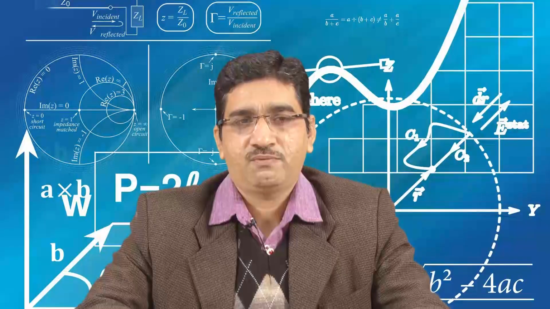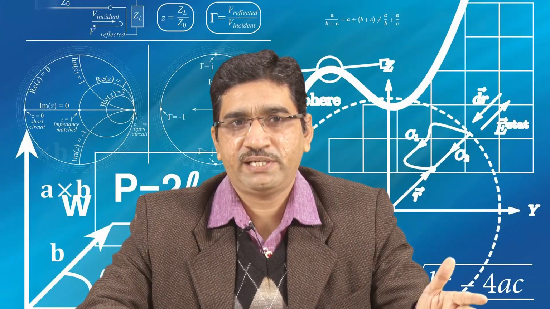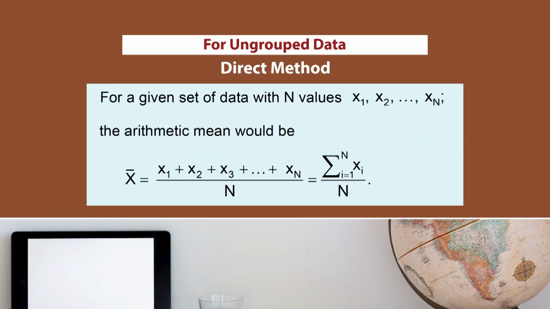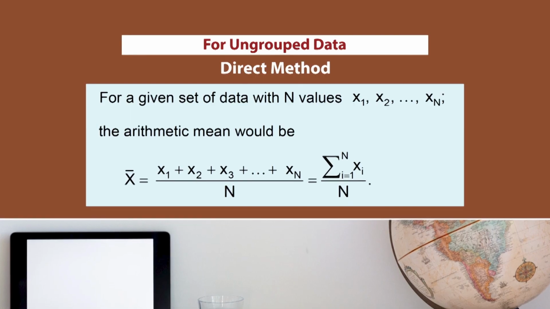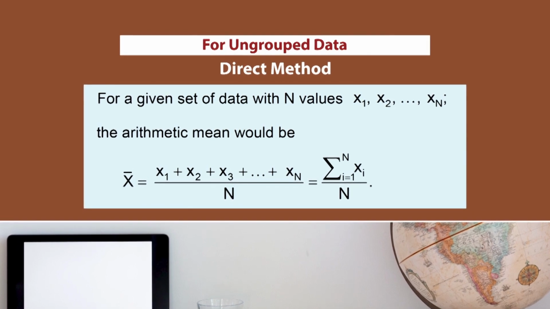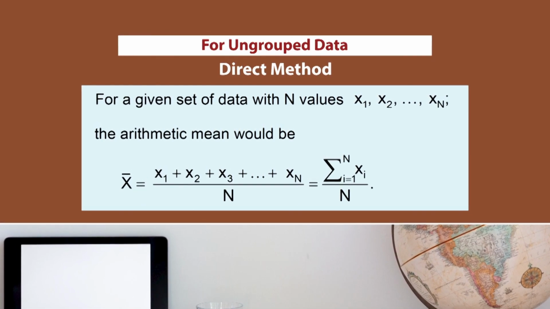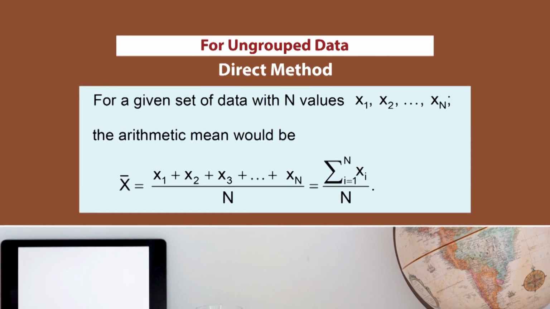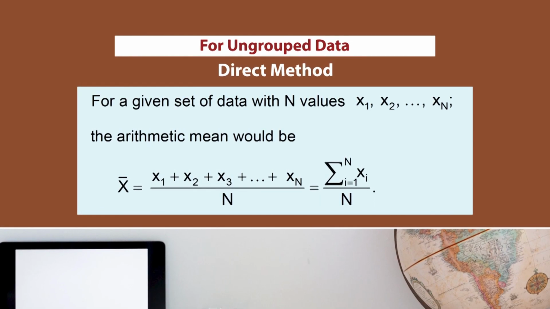Now, for the first type, ungrouped data, we discuss the direct method. For example, if x1, x2, x3 up to xn, n number of values are given in the data, the arithmetic mean is calculated by summing all the n values and dividing that total by the total number of values.